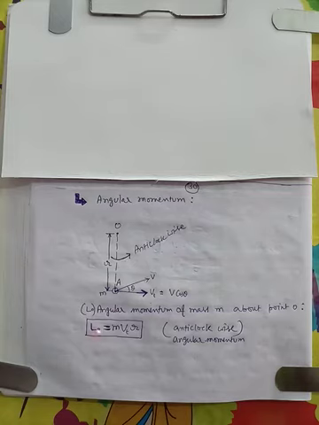The angular momentum of body A about O is the mass of body A into the tangential component of velocity Vt into the radius of rotation r, that is m Vt r.